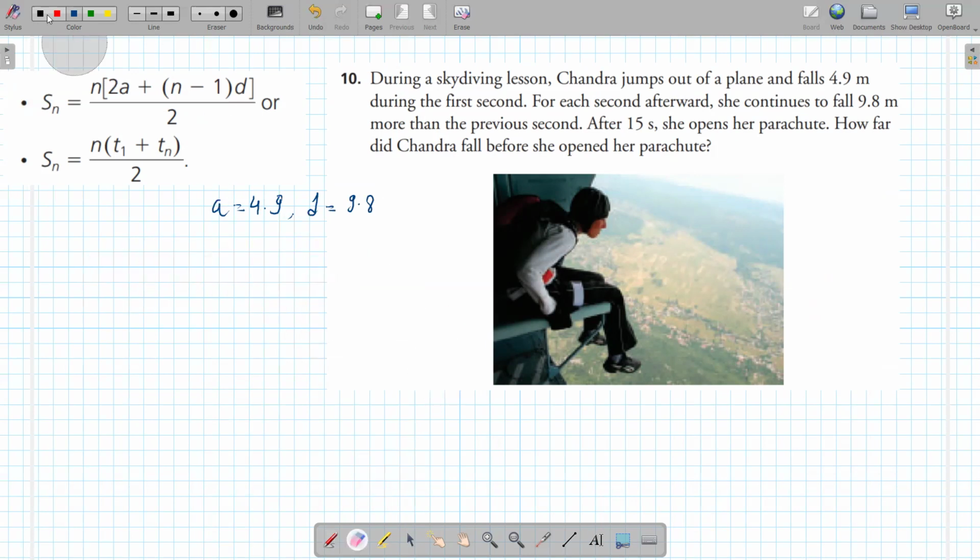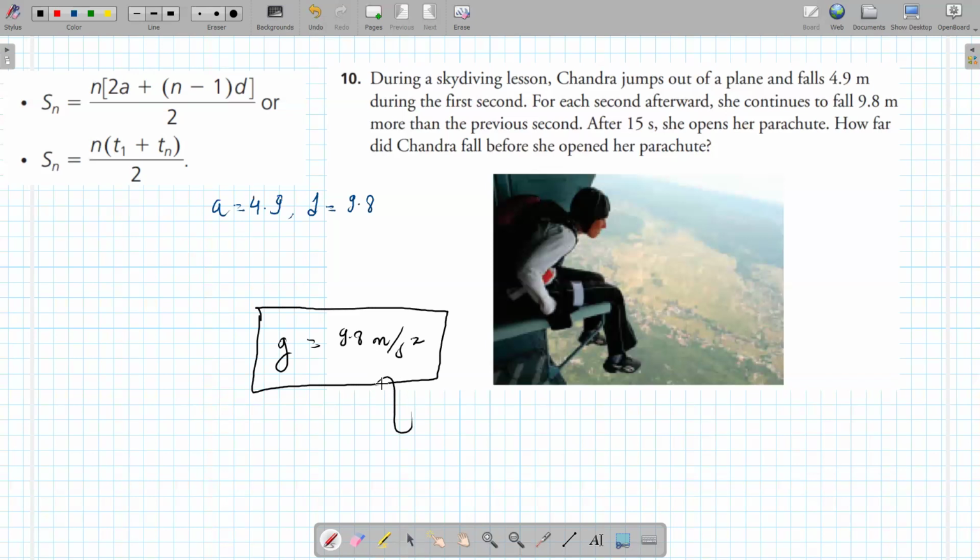And where does this 9.8 come from? You'll do this in physics. This is called the acceleration due to gravity, G value. On Earth, it's 9.8 meters per second squared. This is a measure of acceleration, which is change in speed over change in time. And on this planet, it changes slightly, but 9.8 is good enough.